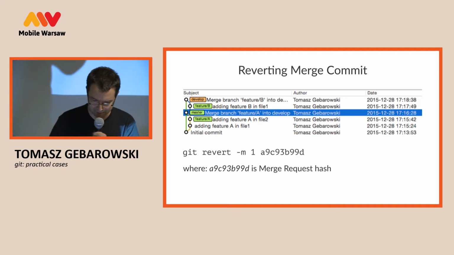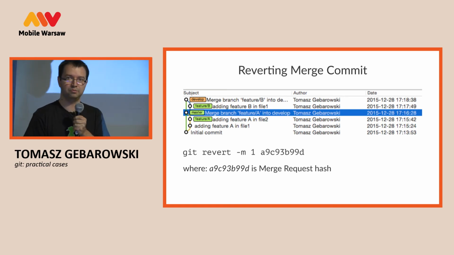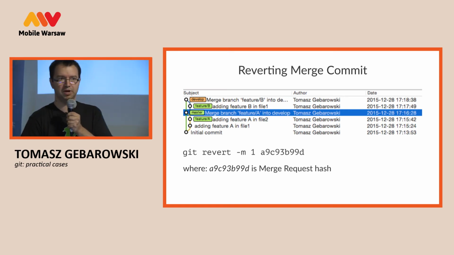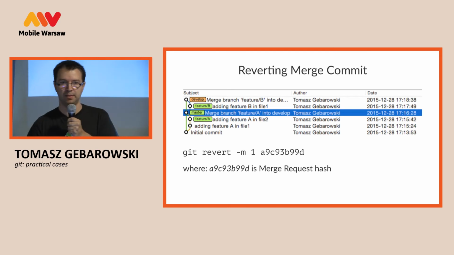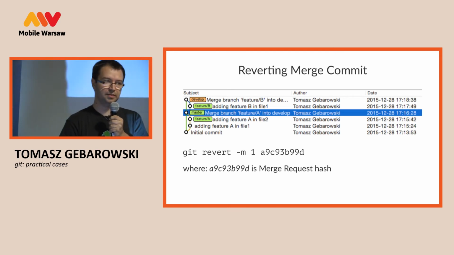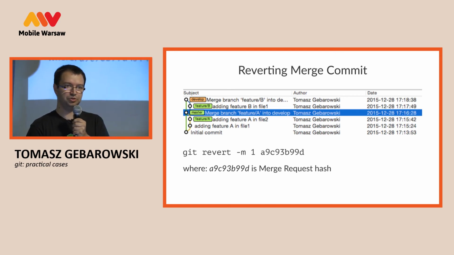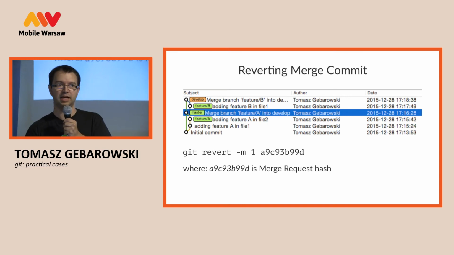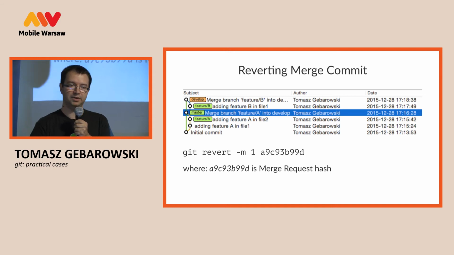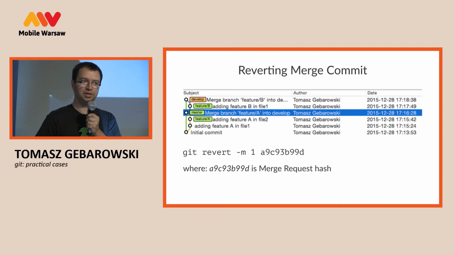This magic number 1 stands for parent 1, to which you want to go back in history, because a merge commit has two parents, parent 1 and parent 2. Parent 1 is the commit from which you branched off, or the last merge commit onto which the information was merged.